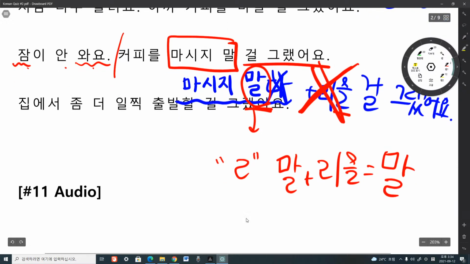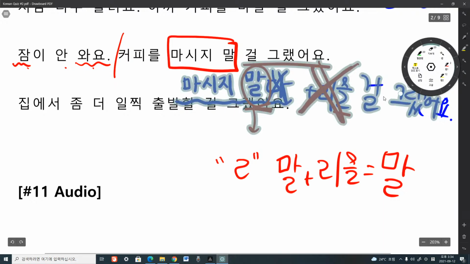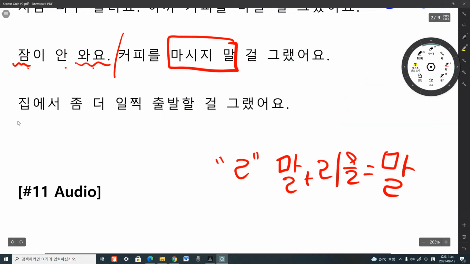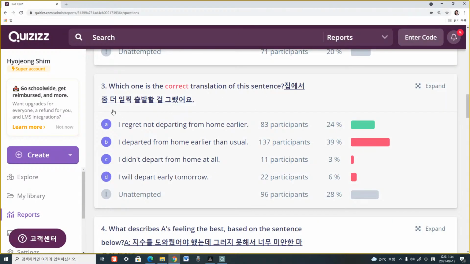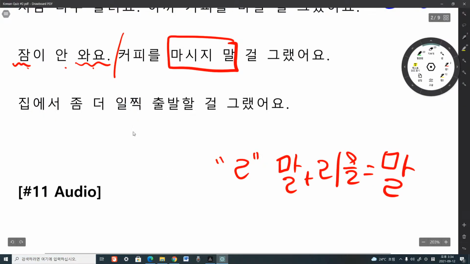잘했어요. 그 다음에 the next sentence was the very sentence that was on the quiz, right? 집에서 좀 더 일찍 출발할 걸 그랬어요. 출발하다 means to depart.